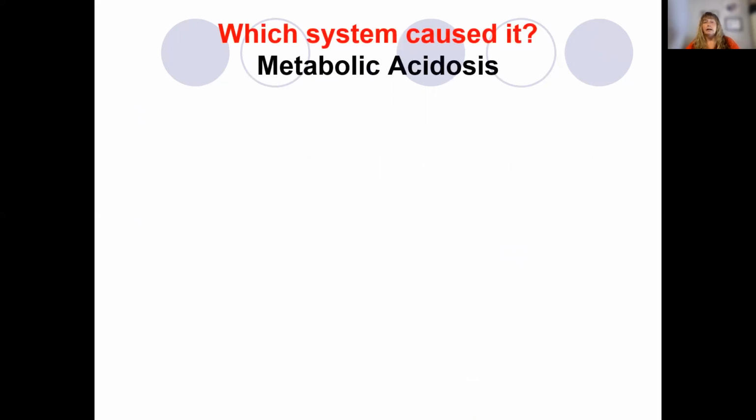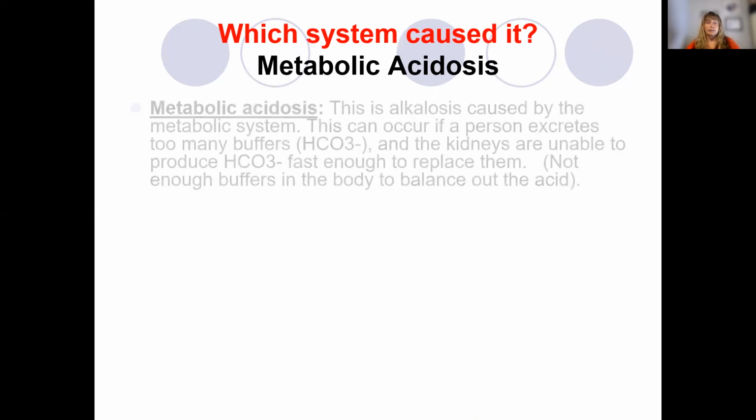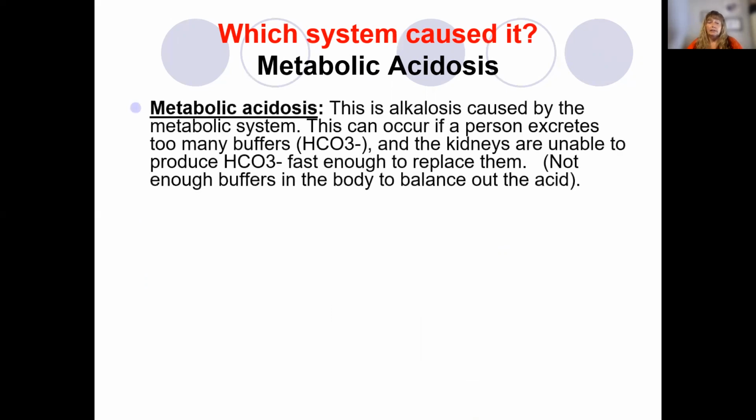So now we're going to talk about metabolic acidosis instead of respiratory acidosis. Metabolic acidosis is caused by the metabolic system, and this can occur if the patient excretes too many buffers and the kidneys are unable to produce enough bicarbonate fast enough to replace them. So there's not enough buffers in the body to balance out the acid.